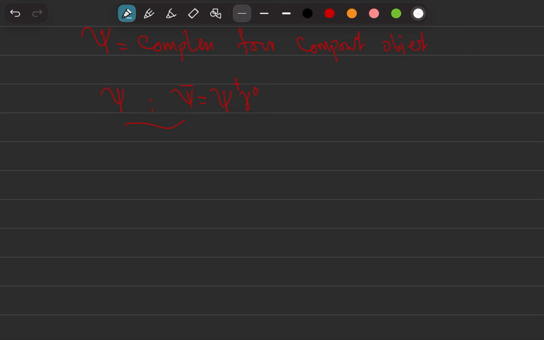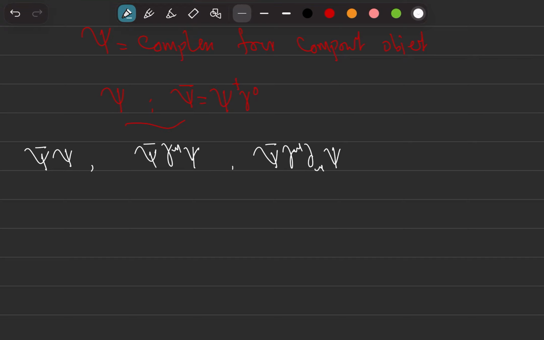I think we did this in a workshop or an assignment, so please visit those to see that the only Lorentz invariant bilinears we can construct from psi and psi bar which are also first order are psi bar psi, psi bar gamma mu psi, or psi bar gamma mu partial mu psi.